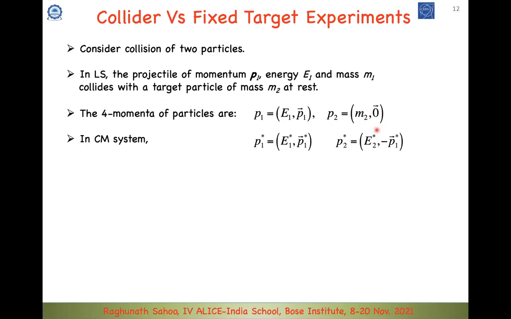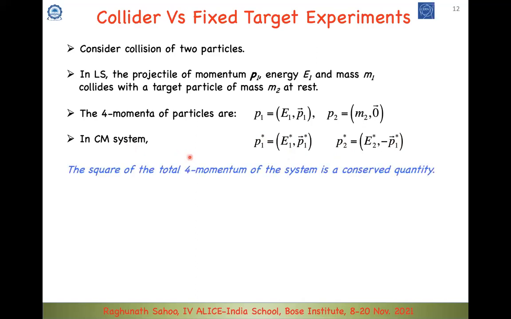In the center of mass frame, I'm writing star for the center of mass system, your P1 star is (E1 star, P1) and P2 star will be the negative of P1, because the total momentum in the center of mass frame should be 0.